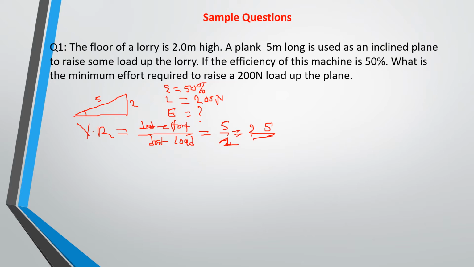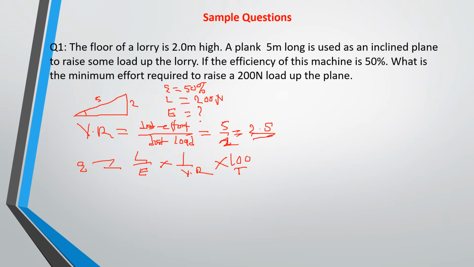Okay, so for us to find the effort that is required, we know that efficiency is equal to load over effort times 1 over velocity ratio times 100 over 1.